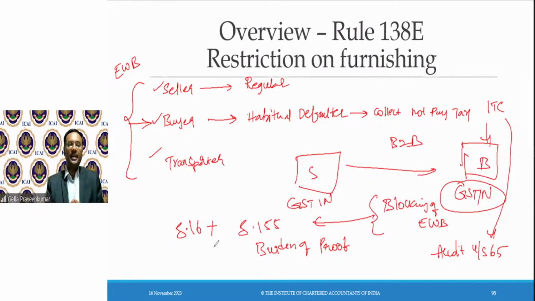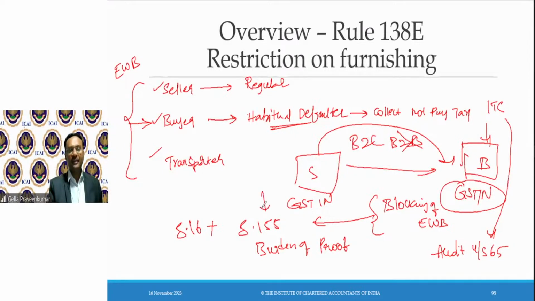Why? Because this buyer happens to be a habitual defaulter. So in case the seller wants to move goods to the buyer, instead of declaring it as B2B, he will declare it as B2C. When the declaration is made as B2C, for the purpose of section 155, this is not a valid proof. So here, the government wanted to deny the benefit of input tax credit. Now, this is how the legal framework works under GST law.